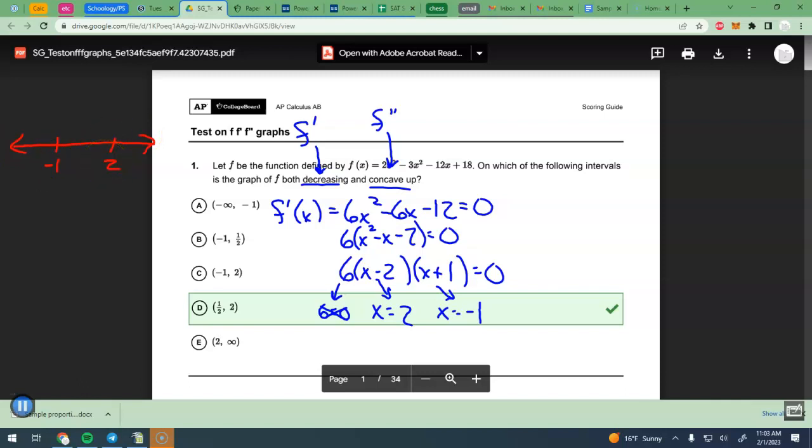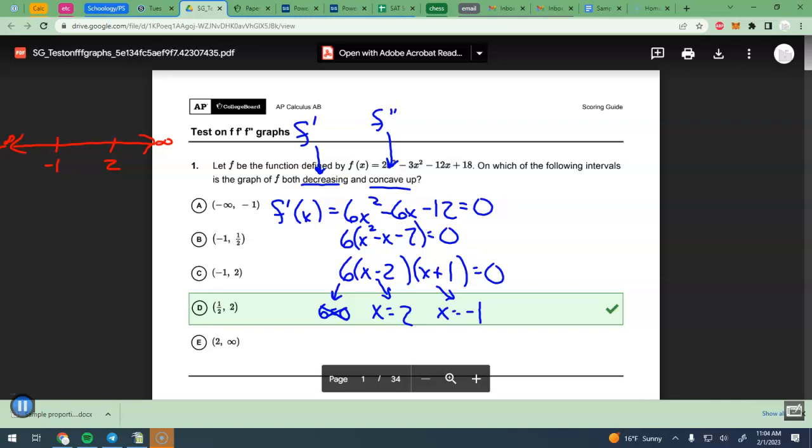And I'm going to pick a spot, and look over here at negative infinity. I'm going to pick a number, -2, and you can plug it in here or here. I think this is easier. If I plug in a -2 here, negative, right? If I plug in a -2 here, negative.